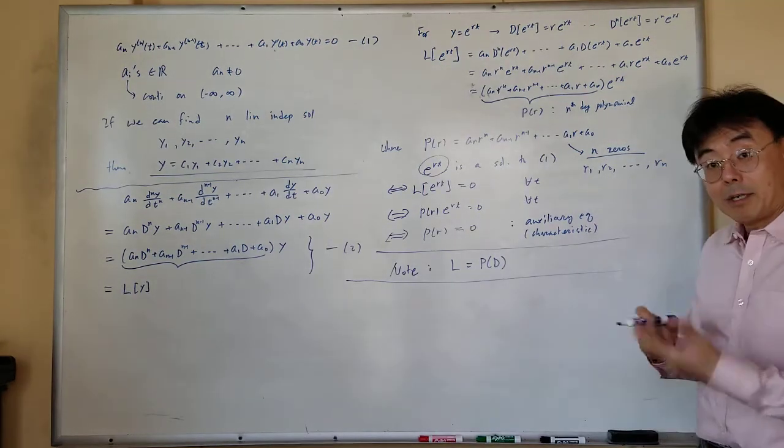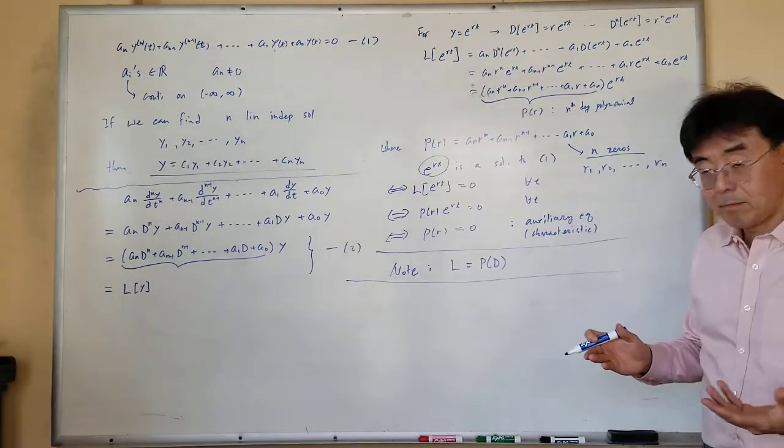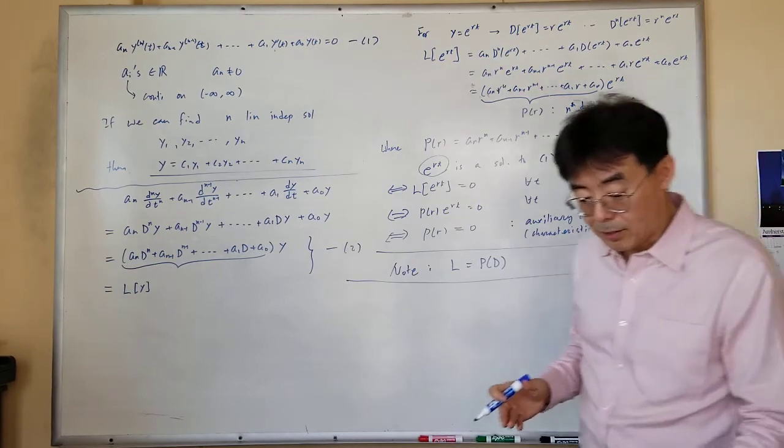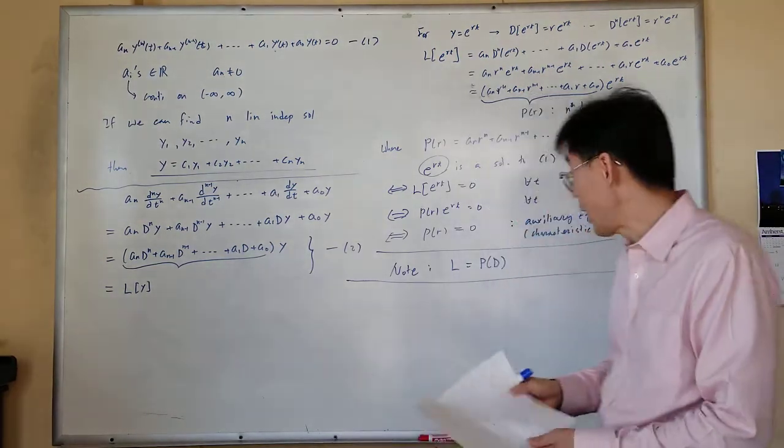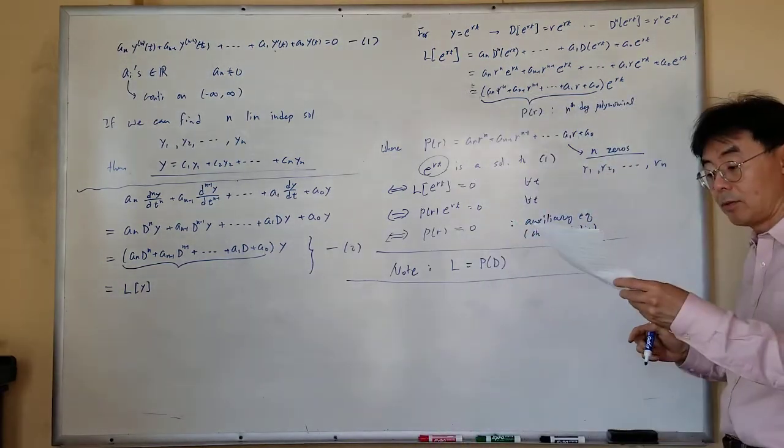Some of them might be repeated, some of them distinct, but I just count exactly n zeros.